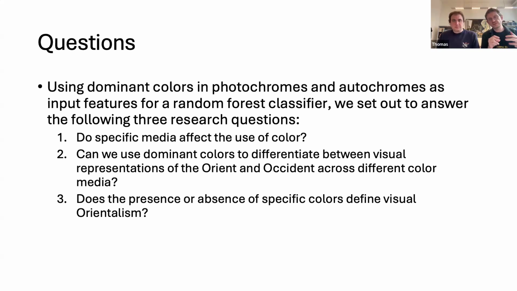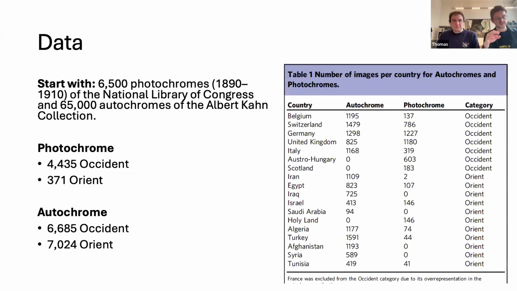And through these three questions that I will get into in a bit, we want to test long-standing theories about visual Orientalism using machine learning. So these basic machine learning techniques that Thomas just explained. But in order to ask these questions and to apply them to these autochromes and photochromes, we first needed to collect the data sets.